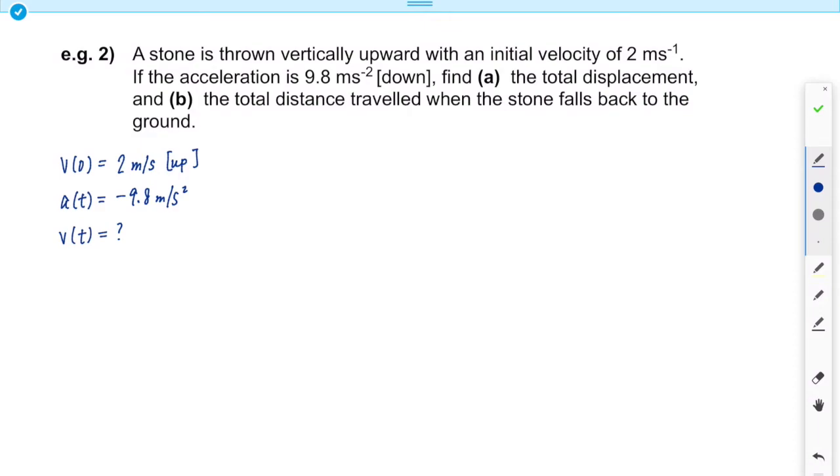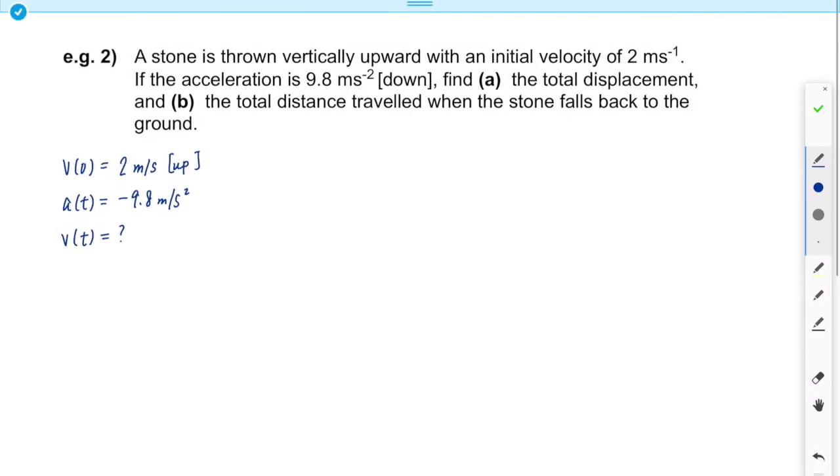What we do know, however, is the total displacement, we can even answer this right away. The stone started from the ground, so S of 0 is on the ground. S of T2, the final, is also on the ground. So what is the total displacement?